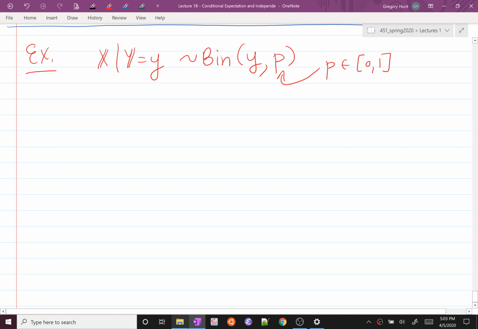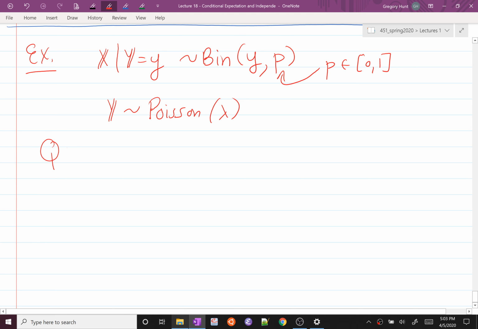Y is Poisson with some parameter lambda. Okay, so here's the experiment. First, draw a number y from a Poisson distribution. Maybe the number is 5. I'm going to then do a binomial experiment, or 5 Bernoulli experiments, and count the number of successes. So first I get y, and then I do a binomial where the number of trials is equal to the value of y, and the probability of success is some value p, which is just fixed.